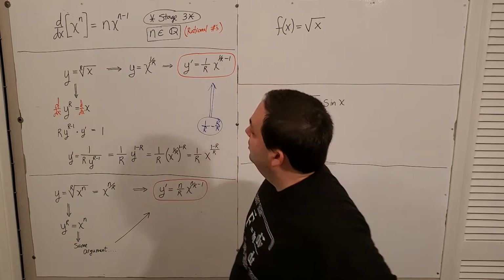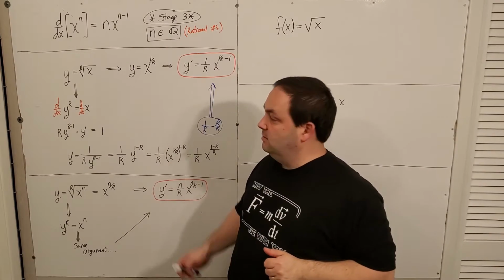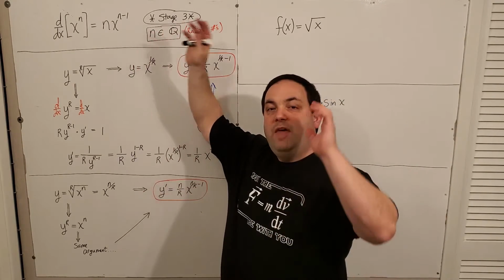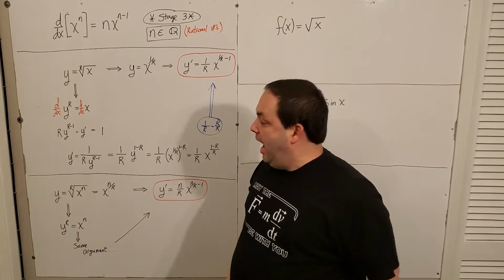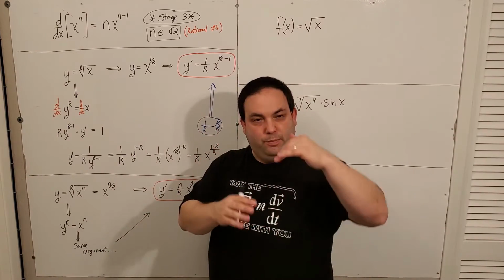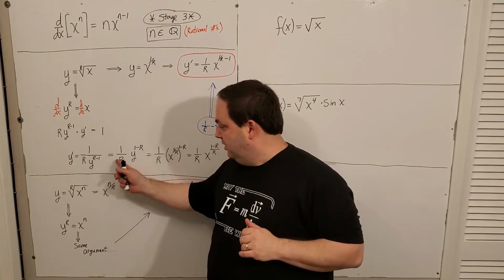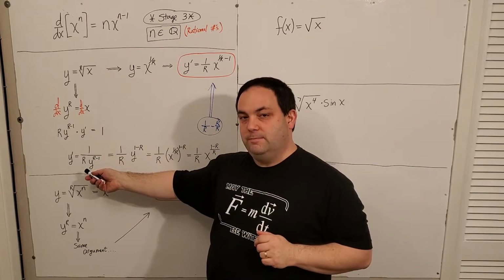Okay? So the power rule works for fraction exponents. And that's exciting because that's all of the radicals you could ever imagine. On top of that, it's exactly the same argument with a slight bit of a ramp up on the algebra with the exponents, but the result is the same and for the same reason.